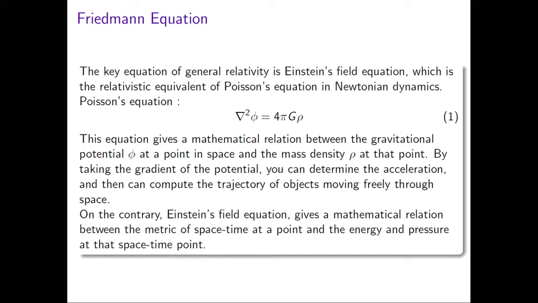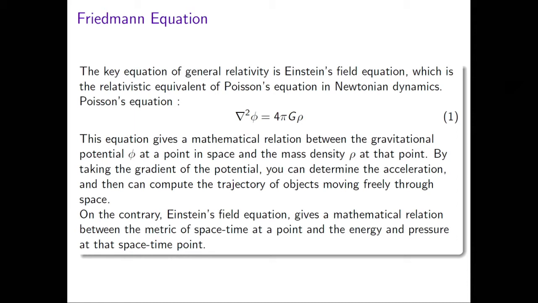To come to an understanding of the Friedman equations, we'll first look at the main essential part, that is, the Newtonian aspects, as the laws we initially had about the universe came from Newton's laws of gravitation. So we can express the Poisson's equation. Just as Einstein's field equation plays a very crucial role in general relativity, the Poisson's equation plays a very crucial role in Newtonian dynamics.